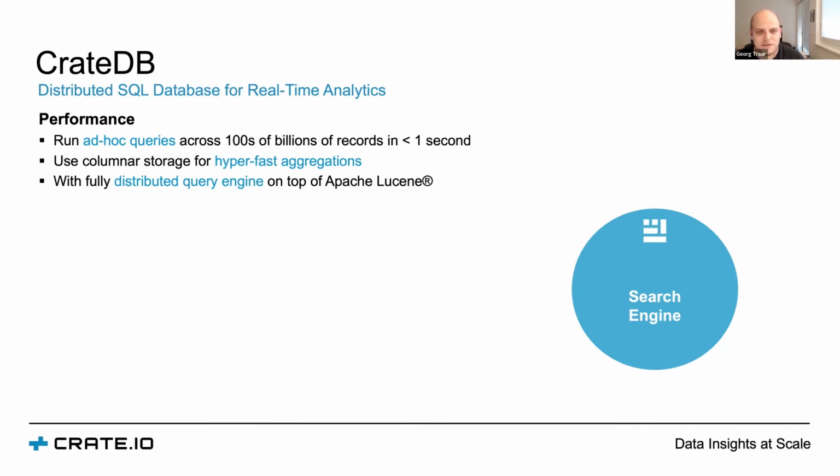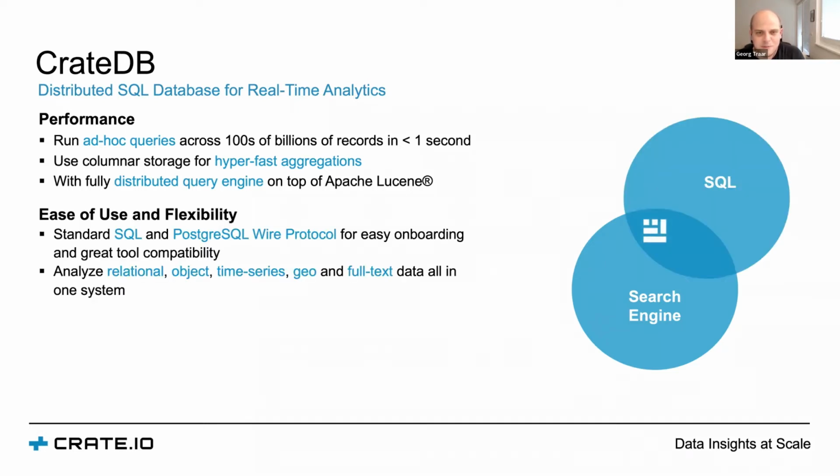You make use of the columnar storage in CrateDB for hyperfast aggregations, also across billions of records in a very fast manner. And all this is enabled with a fully distributed query engine that is built on top of Apache Lucene and makes use of the indexing and columnar store in the database.